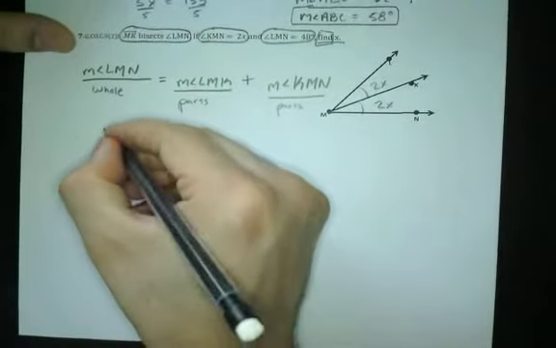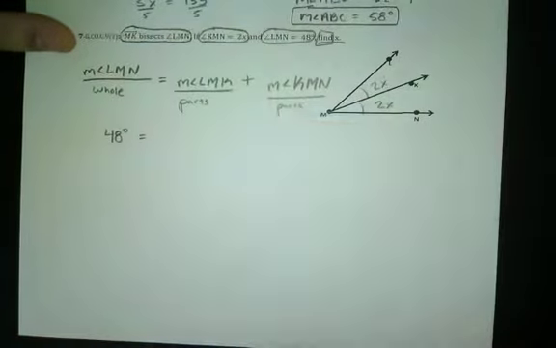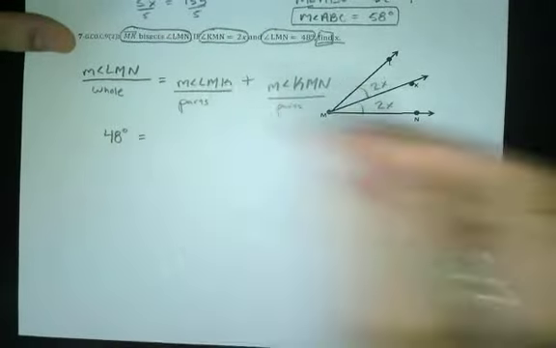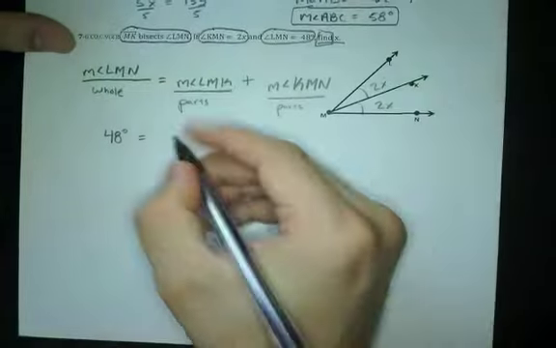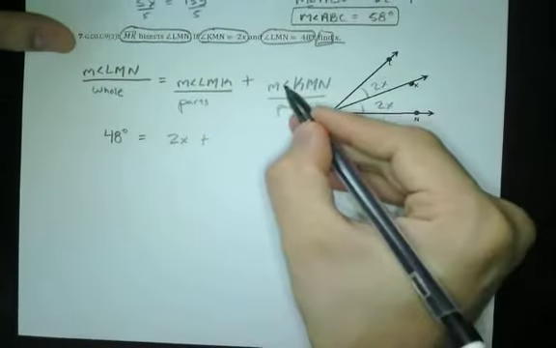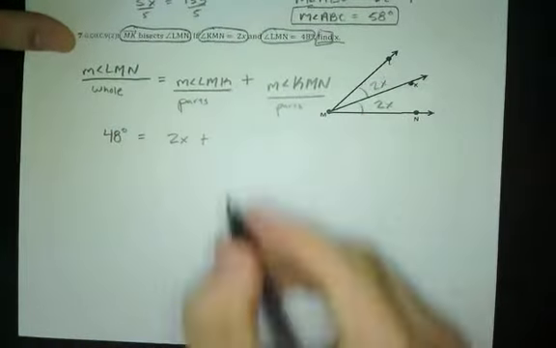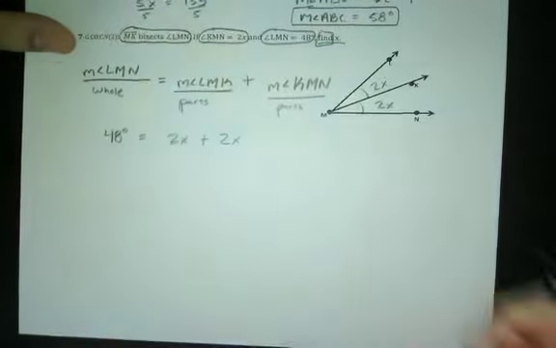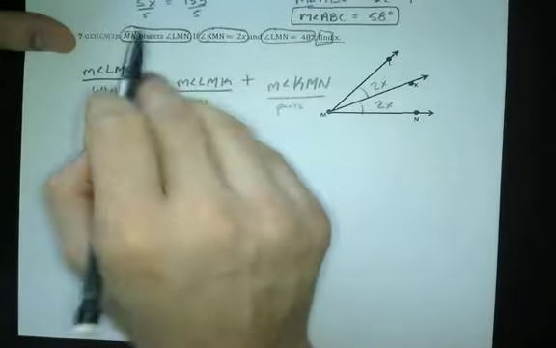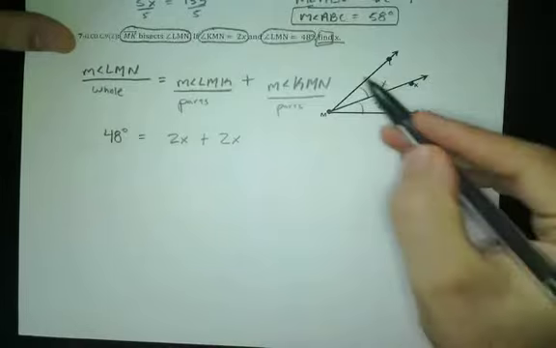So I can rewrite this now as 48 degrees is equal to the measure of LMK, which I see in the picture is going to be 2x, plus the measure of angle KMN, which I can also see from what I filled in my diagram to be 2x. Remember, those are equal to each other because MK was a bisector. It created two equal halves.